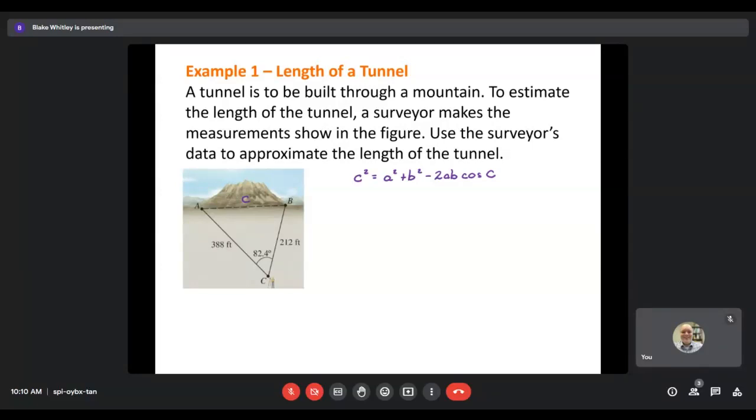Now at this point, we can just start substituting the information that we know. We're looking for C, so that's going to stay c squared. A is going to be the side across from angle A, so that's 212 squared, plus side B should be across from angle B, so that's 388 squared, minus 2 times A, which is 212 again, times B, which is 388, and then the cosine of angle C, which is 82.4 degrees.